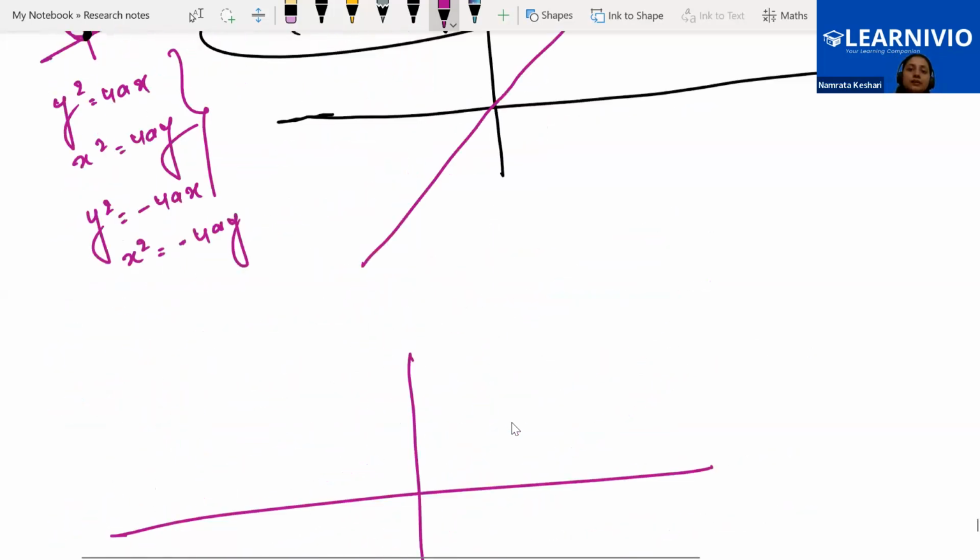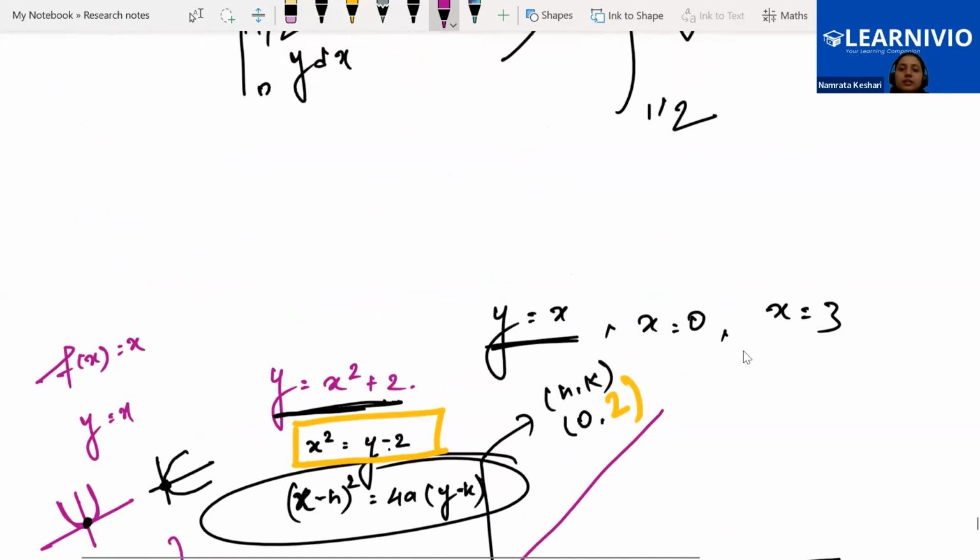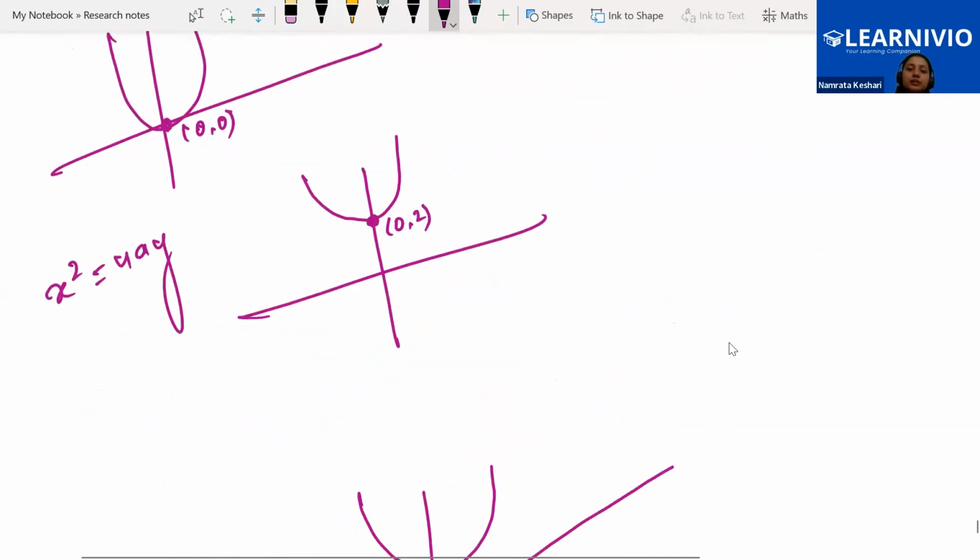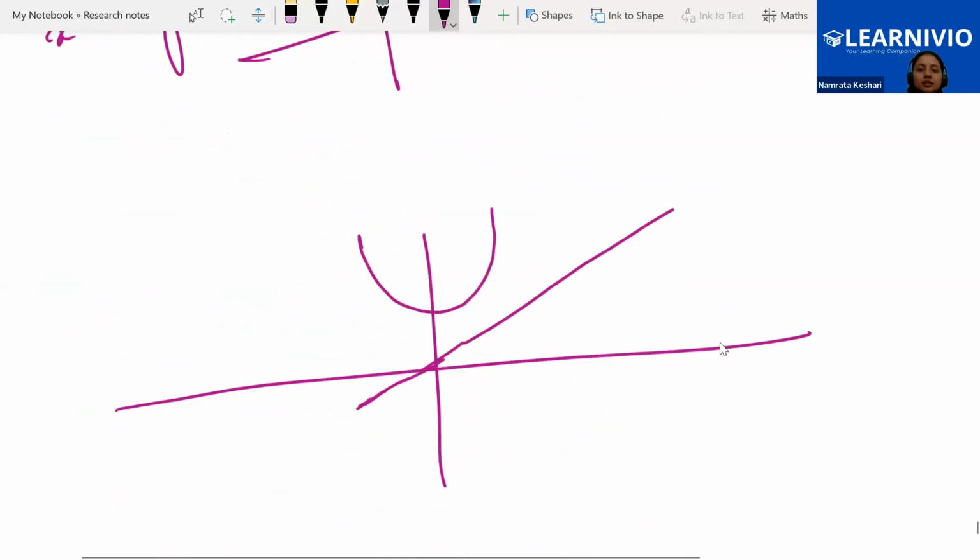Now the lines are there. X equals 0 and x equals 3. X is 0 and x is 3. If we draw x equals 3, will it be a horizontal line or a vertical line, Murtaza? X equals 3, a horizontal line or a vertical line?